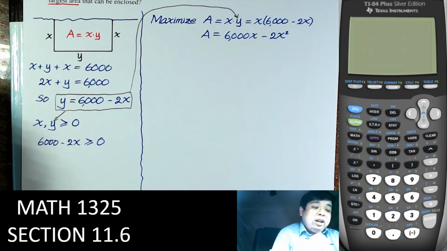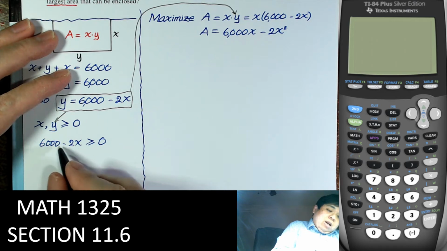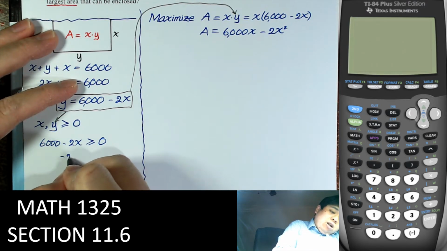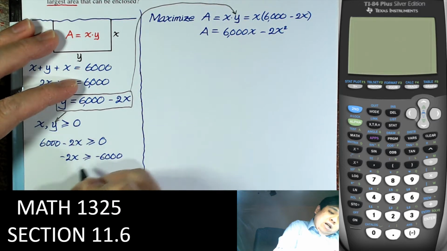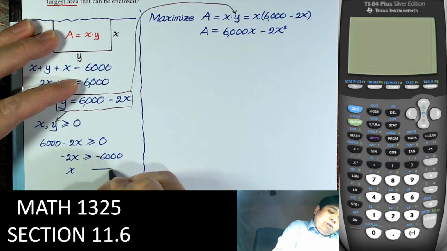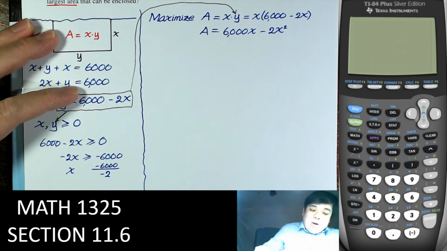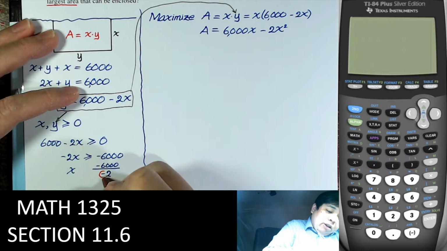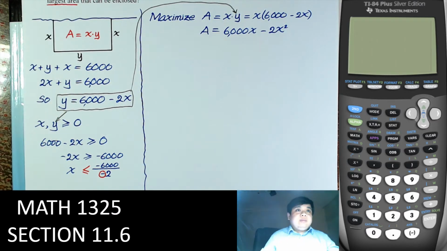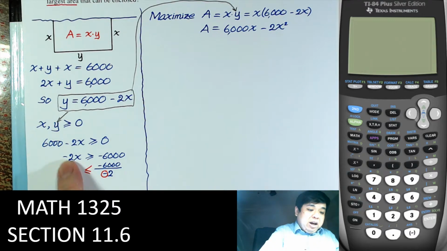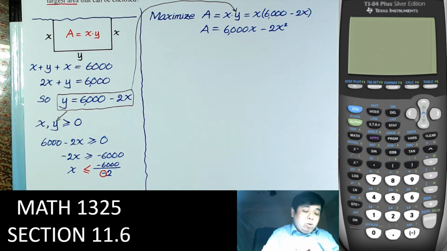Because that is y. So we subtract 6,000 on both sides and then divide by negative 2. However, when we divide by a negative number on both sides, we have to reverse the inequality.